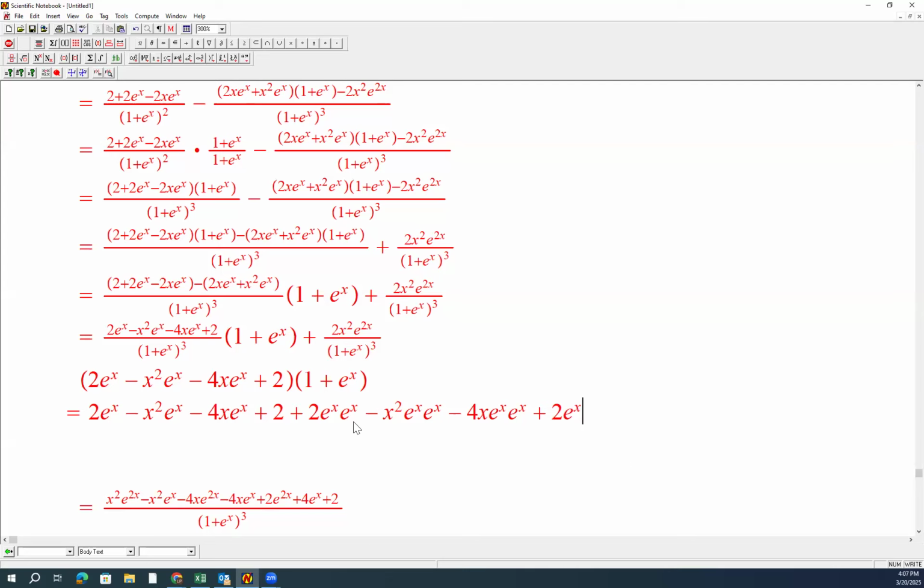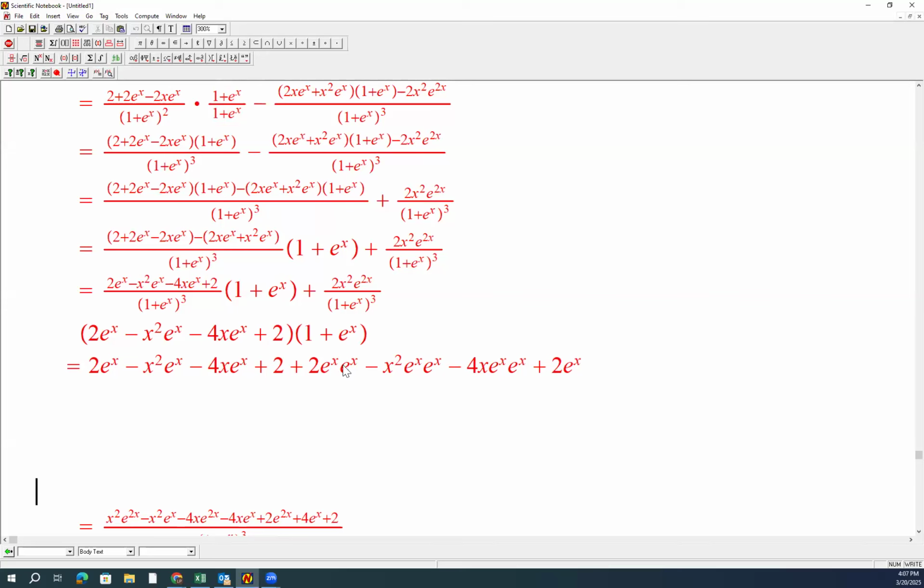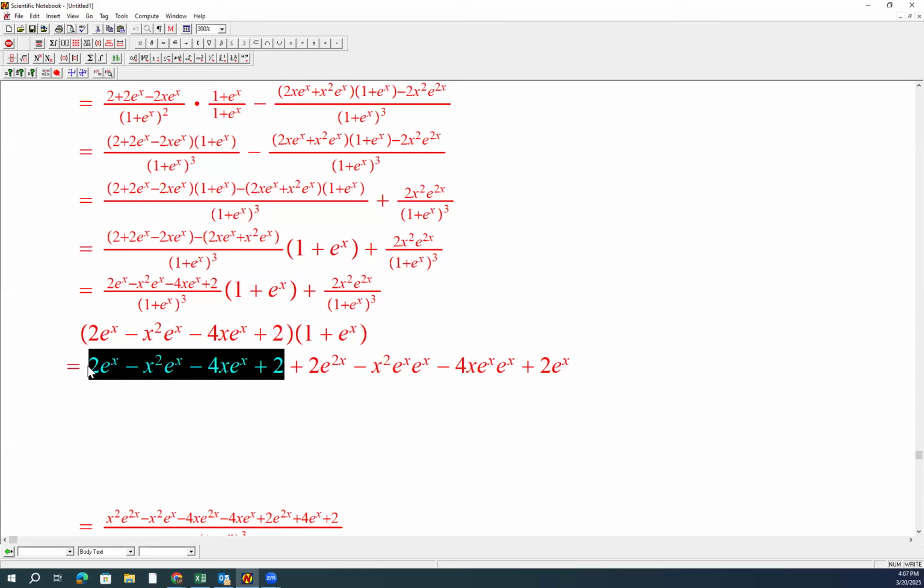Is there room to combine? Okay, is there room to combine? Yeah, we can. This piece will make e to the power 2x. Do we have any like term in front? No. And this will be another e to the power 2x. Gone.